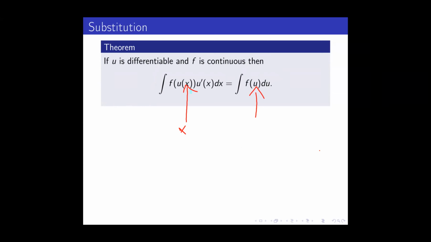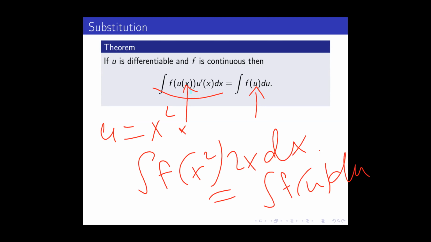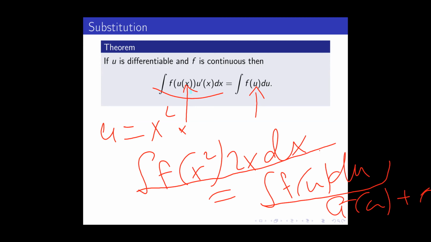For example, if u equals x^2, this says the integral of f(x^2) times 2x equals the integral of f(u) du. But what you obtain is a function of u, say g(u) + c, so writing it like this doesn't make any sense.